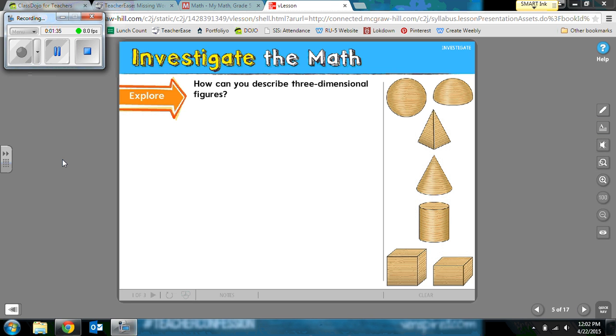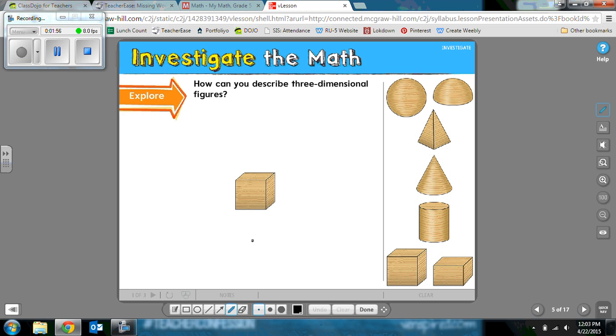All right, we're going to go ahead and look at some three-dimensional shapes. You can see I have a bunch of 3D shapes over here. We're going to start by looking at a cube. A cube means that all the sides are the same, the width is the same, the height is the same. First we have what we call a face, and it's not like your beautiful face that I see each day when I'm in class.